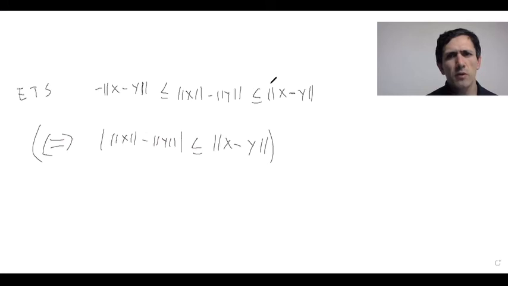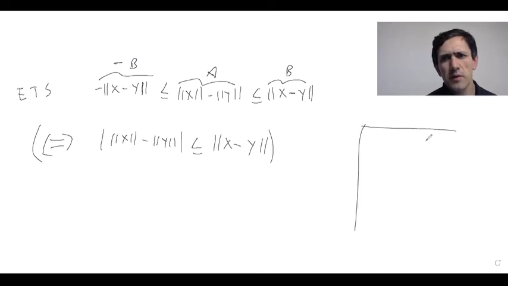Okay, so in general, when you have a quantity b that's greater than or equal to 0, a non-negative quantity, and you have a real number a that's sandwiched between b and minus b, it's not really part of the proof, but you should recall from basic analysis that this is equivalent to the absolute value of a being less than or equal to b.